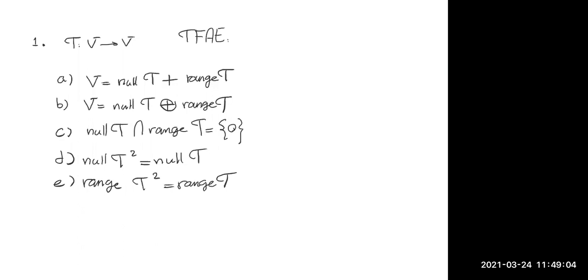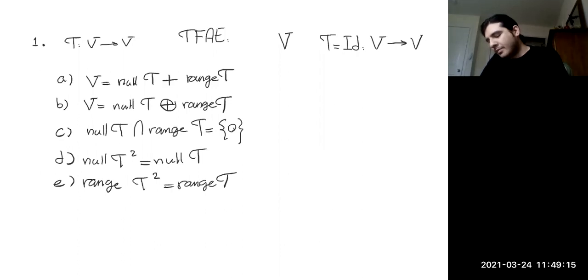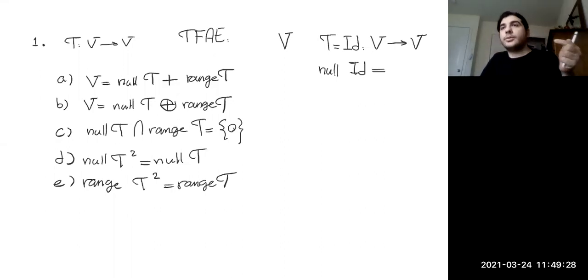So let's take V to be some vector space, doesn't matter what, and let's take T to be the identity map from V to itself. It satisfies these properties. We can see that, because the null of T or kernel of T would be the kernel of identity, but for the identity map, the only thing which maps to 0 is 0 itself.